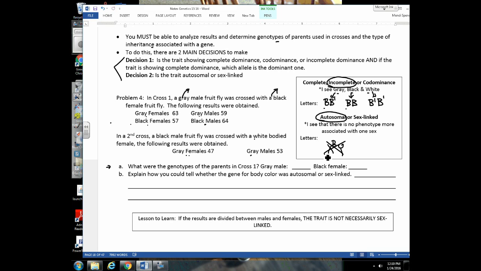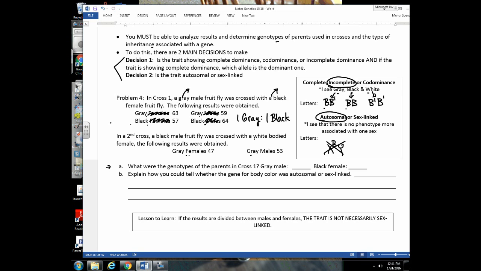Okay, so jumping down to A, now that I have those two decisions made. What are the genotypes of the parents in cross 1? So first of all, since this is autosomal, I am going to try to ignore the male and the female part. And if you just look at this problem, it looks like I have the same number of gray organisms as I do black ones. Those numbers are pretty even. I have basically a 1 gray to 1 black ratio.